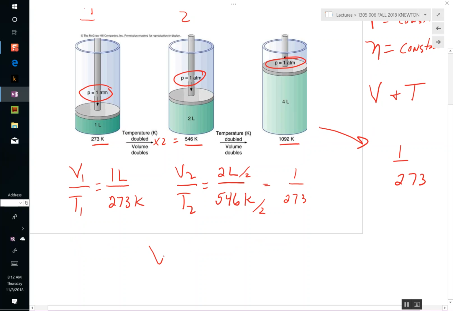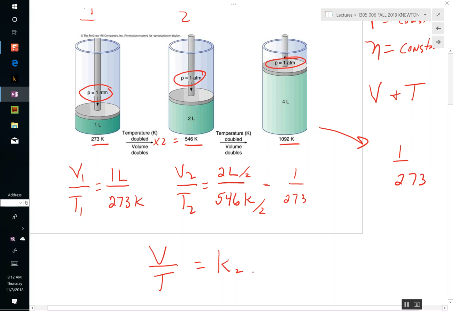So what Charles found out is that volume over temperature is a constant. Doesn't vary. You get that relationship, volume divided by temperature.